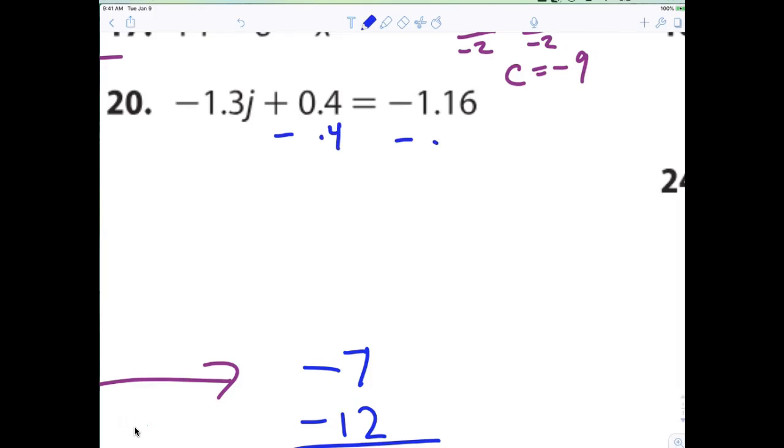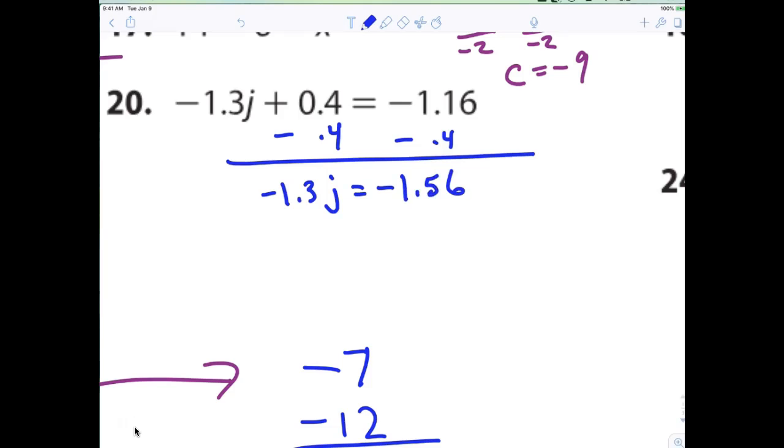Minus 0.4, minus 0.4, and they cross out, and then 1.6, -1.6 minus what? 1.4 is 1.56. Be careful now. I'm not saying you're wrong, just the words. It was -1.3J is equal to -1.56. You good with that?